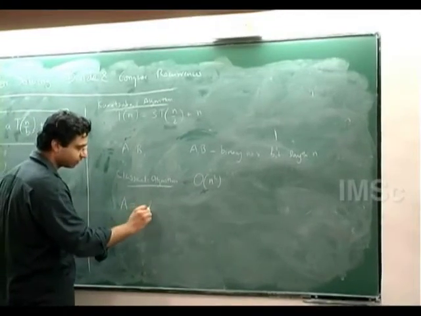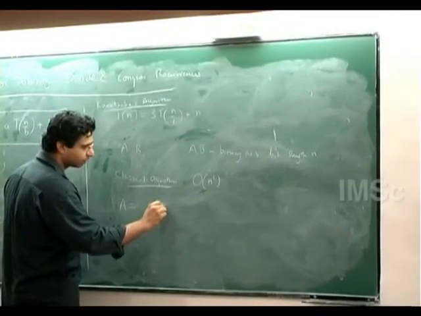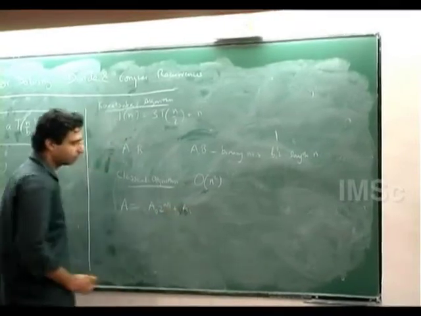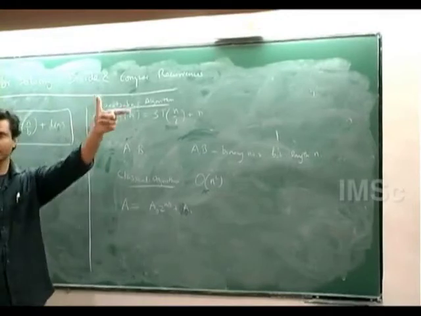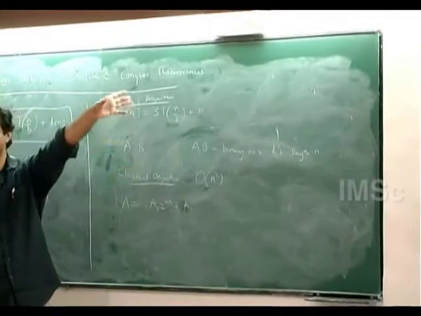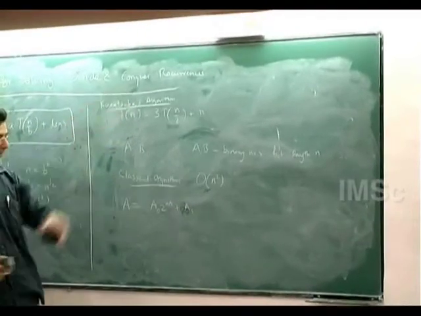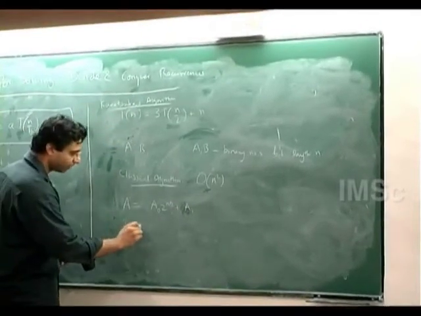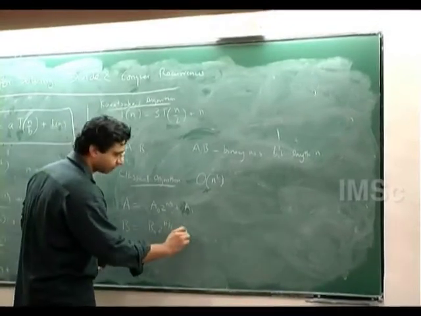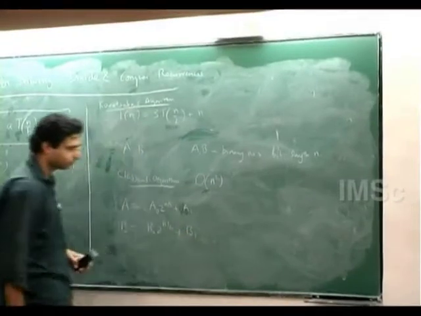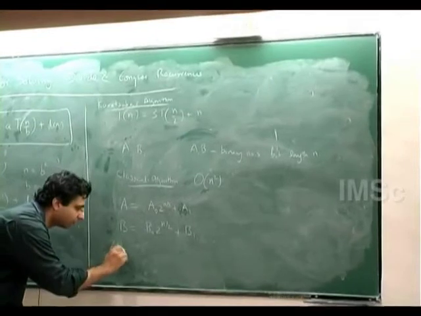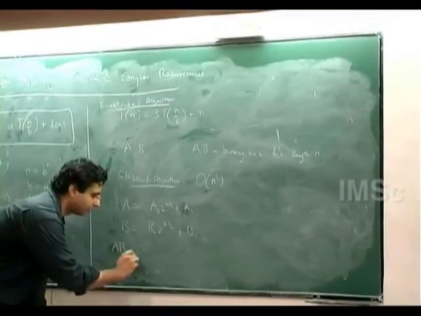The divide and conquer is that I break A into 2 parts, say A0 and A1. So A0 is the first n by 2 significant bits, and A1 the next n by 2 bits. Similarly, we write B as B0, the first n by 2 bits of B, and B1, the remaining n by 2 bits of B. So if I take the product AB, what do I get?